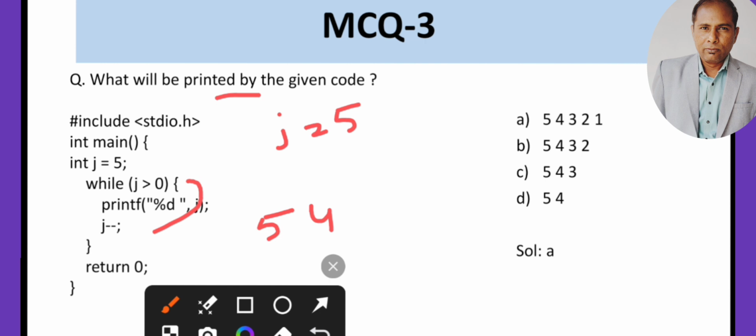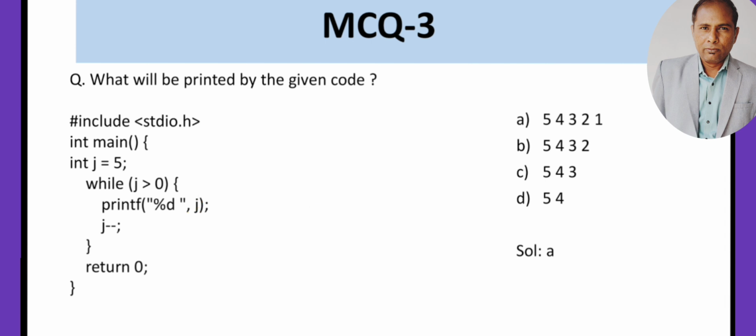Since j is greater than 0, it will be printed. Again j will be decremented by 1, and j is greater than 0, so it will be printed. So like this we will print the value of j in decremented order starting from 5 up to 1. So we will have the output 5, 4, 3, 2, 1.